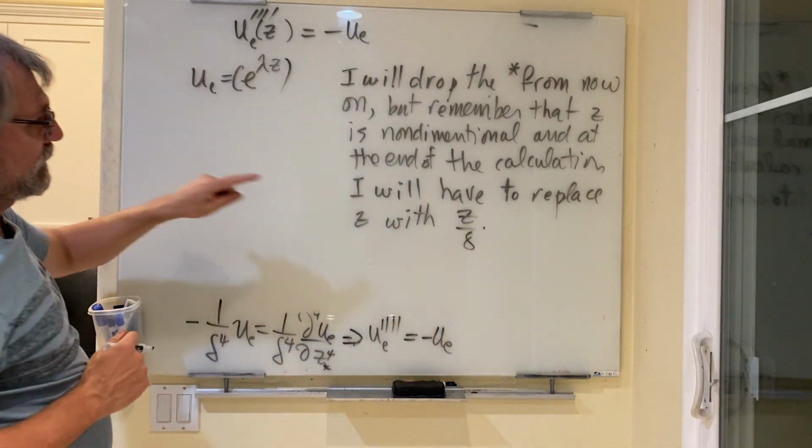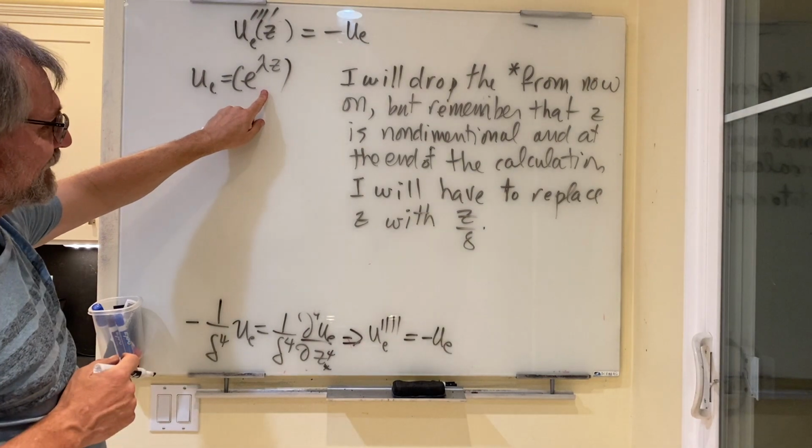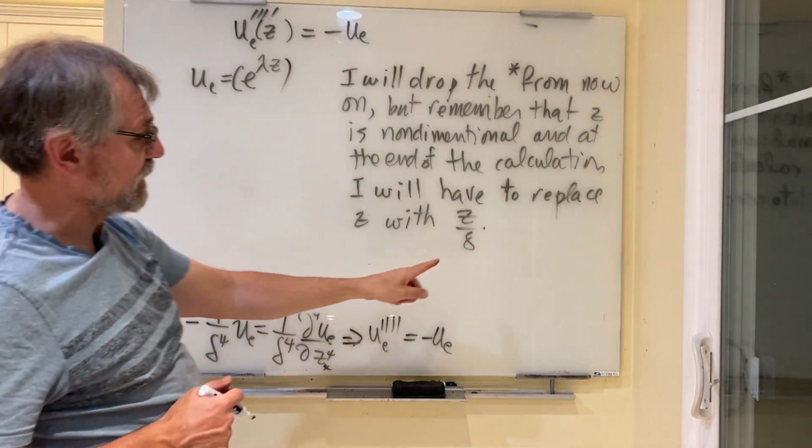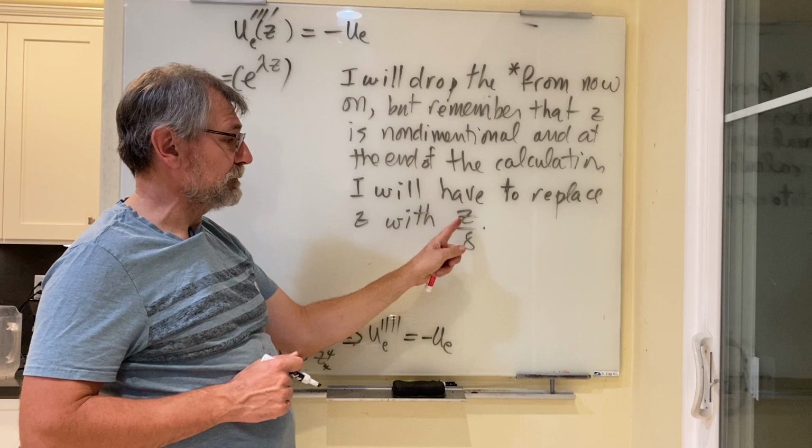All right, so the z from now on is a non-dimensional z. At the end, I will redimensionalize it by replacing z by z over delta.